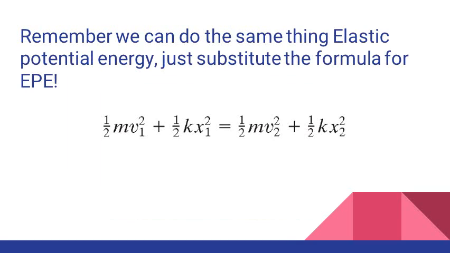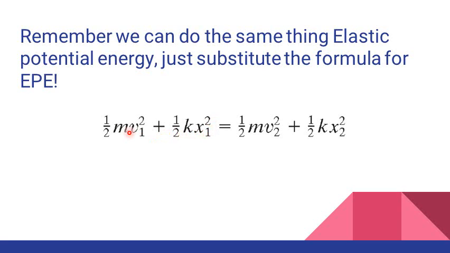And one thing I also want to mention is that remember that in the simple problem we're using gravitational potential energy, or GPE. However, we could use elastic potential energy and it would work just as fine. We just have to substitute the formula, which is 1/2 kx squared instead of mgh.